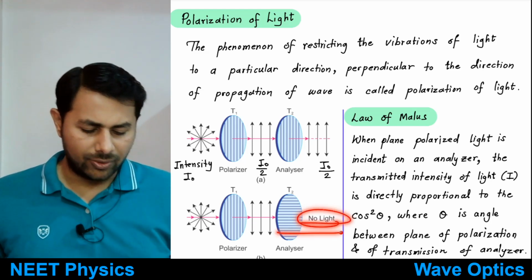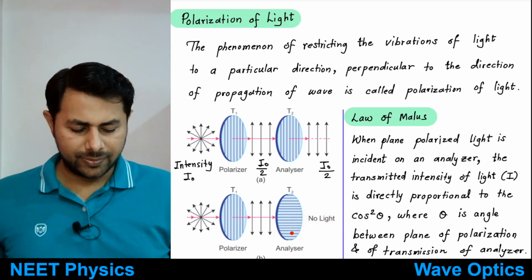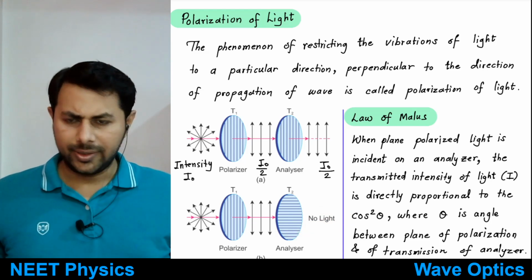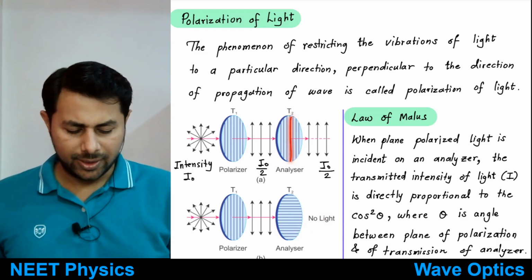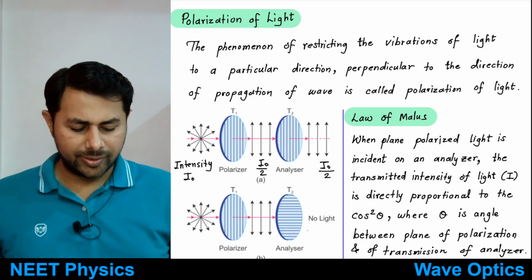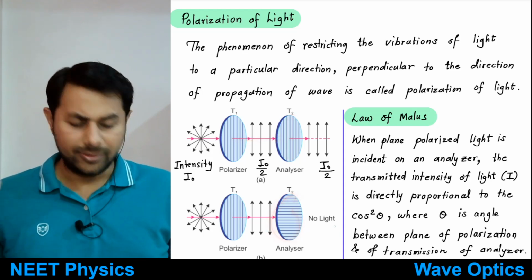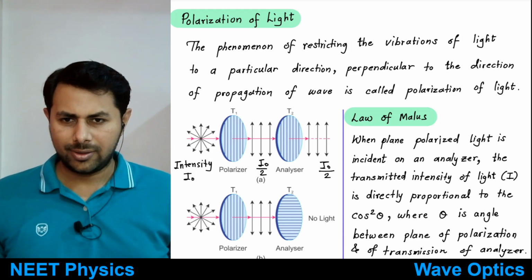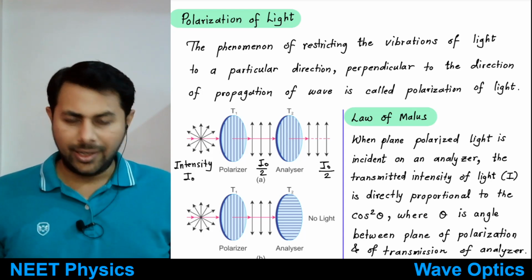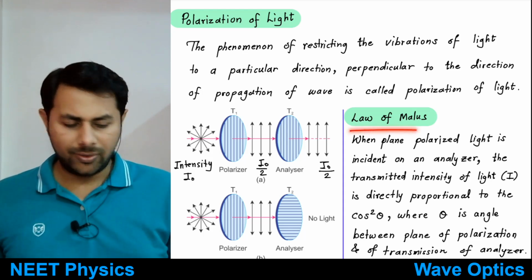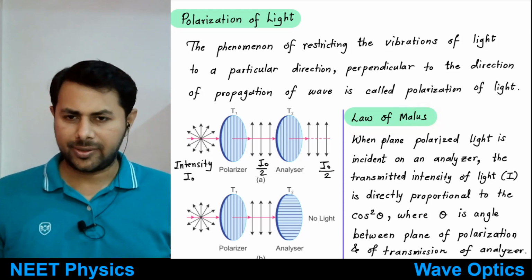There will be no light passing through. So when parallel, light completely passes through; when perpendicular, no light passes through the analyzer. This is simple, right? And for any other direction, we have a law by a scientist named Malus.